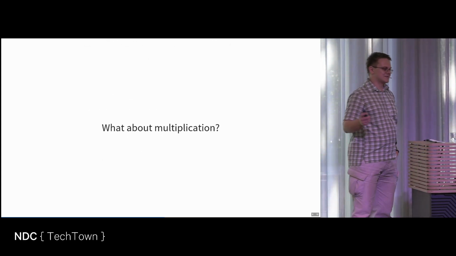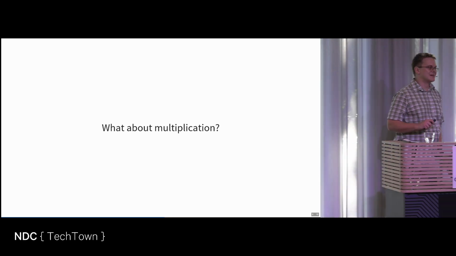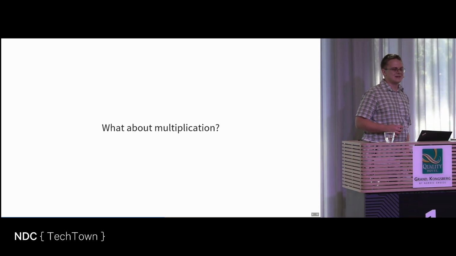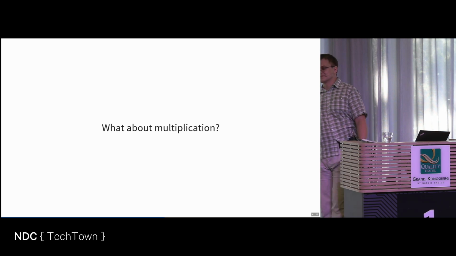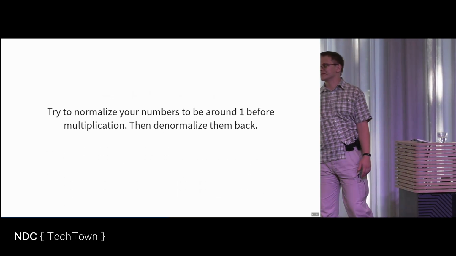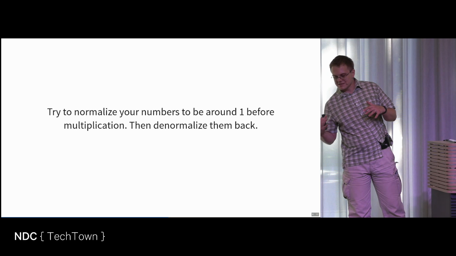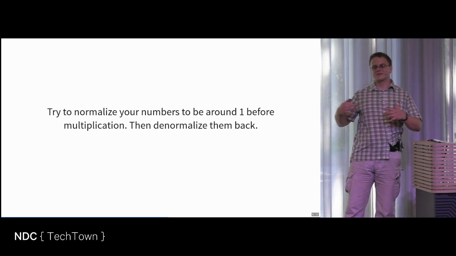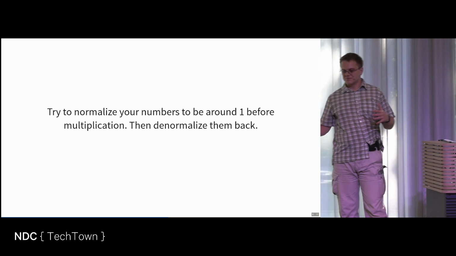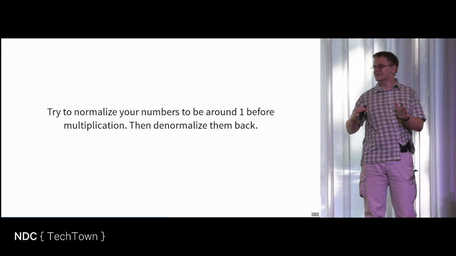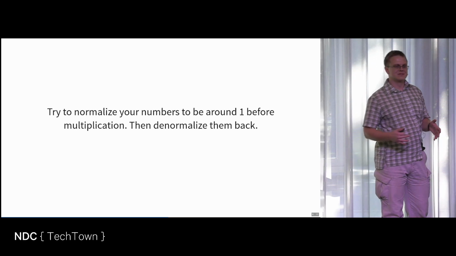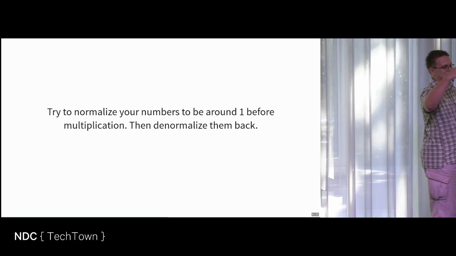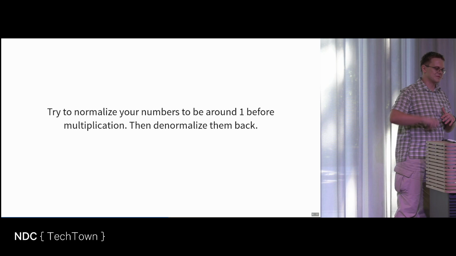Let's go to multiplication. So here's an issue. There is no good way to solve multiplication. You have to do it yourself. What you need is to somehow normalize your numbers, your domain you are working in, down to 1, to these nice small numbers, so you don't get runaway issues with the order multiplying away from you.